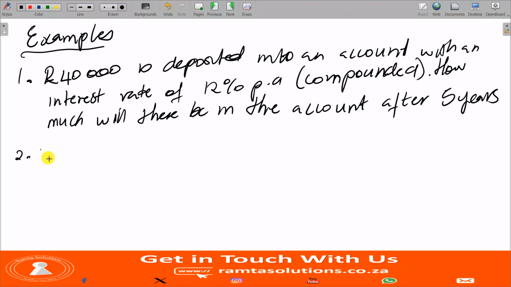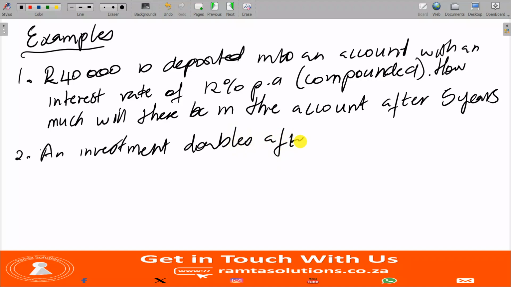So we're going to say, okay, let's try to calculate interest rate. So, an investment doubles after 8 years. Okay?